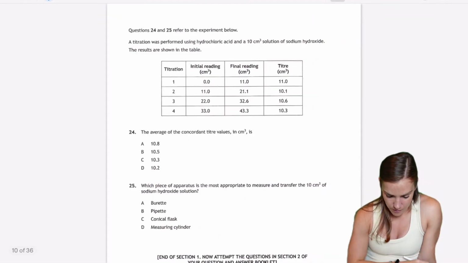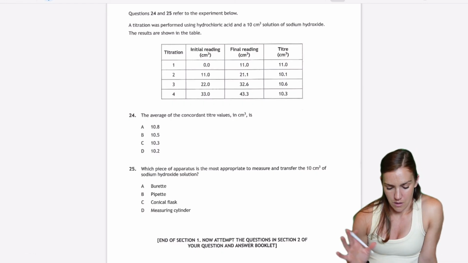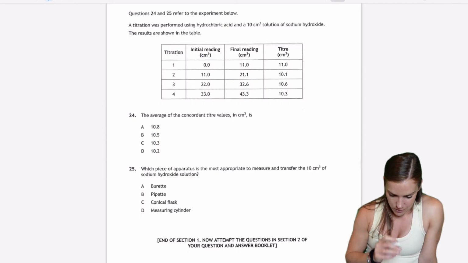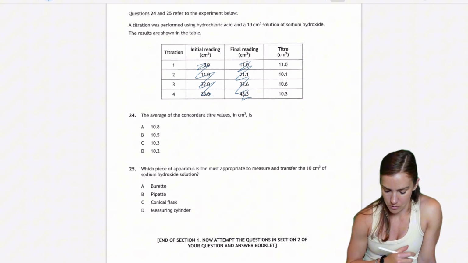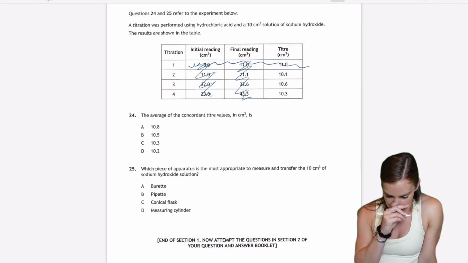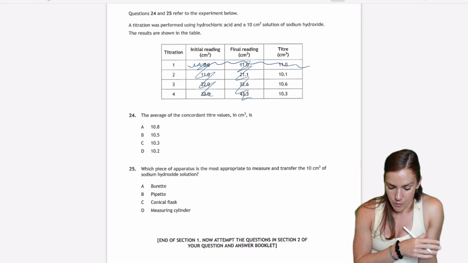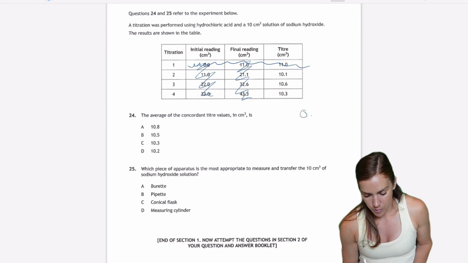So then for the last couple of questions, the average of the concordant titer values is, so when I'm doing any titration calculating an average questions, I always scribble out the burette readings because you don't need them, and too many numbers in the table just makes it a bit confusing, and you should always ignore the first titration as well, so you can score that out. So then we're looking for the concordant results, so those are the ones that are within 0.2 centimeters cubed of each other.